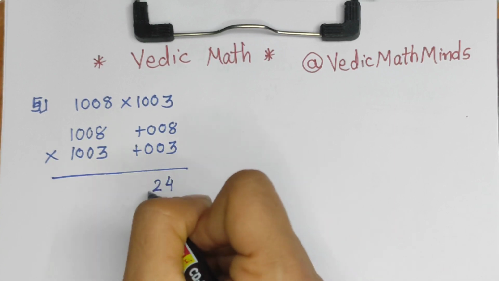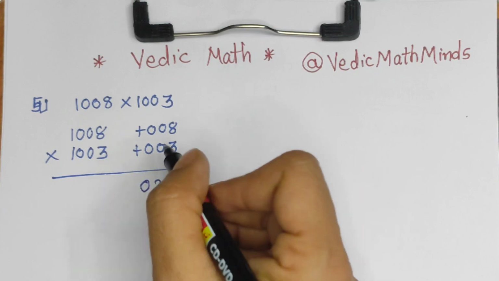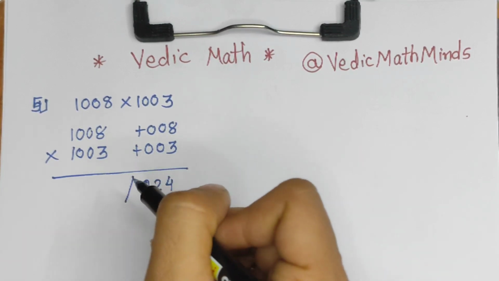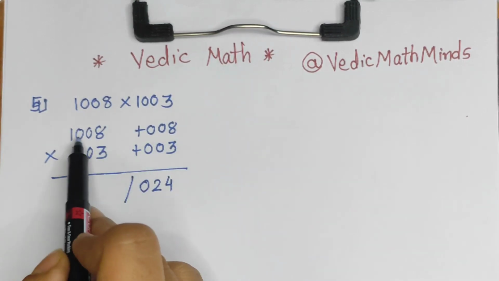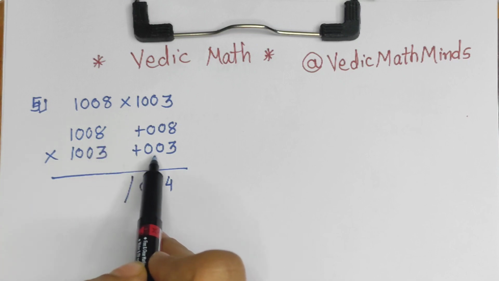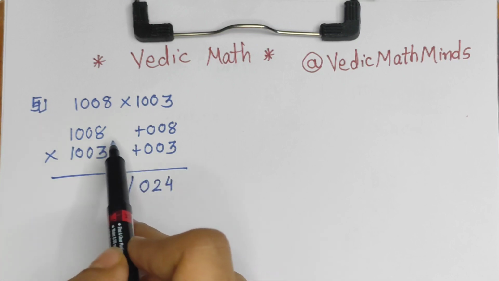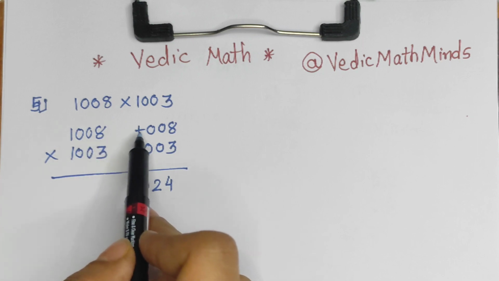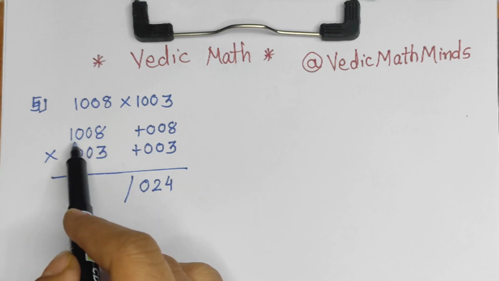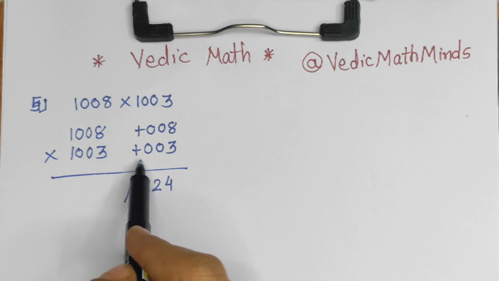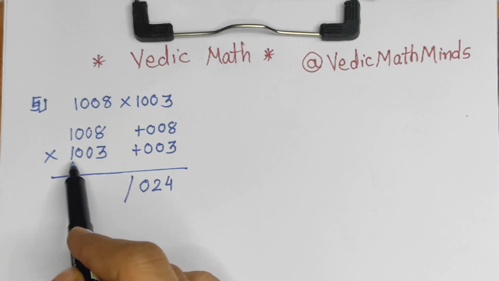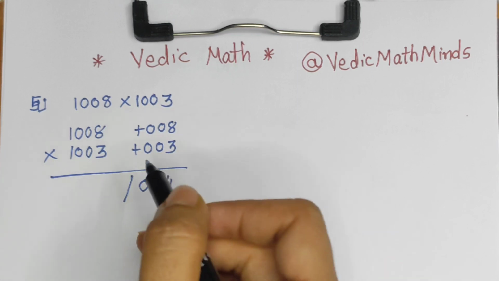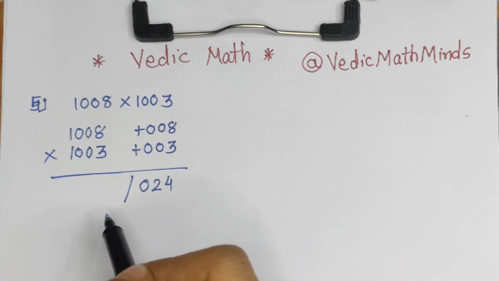So we write down 024 and a slash. Take one number and the other number's deviation: either 1008 plus 003 or 1003 plus 008. Both give the same answer.